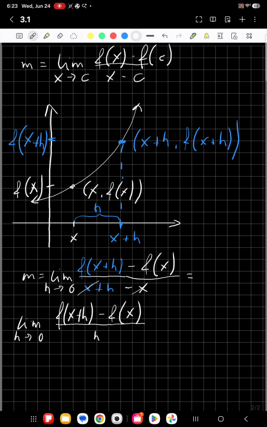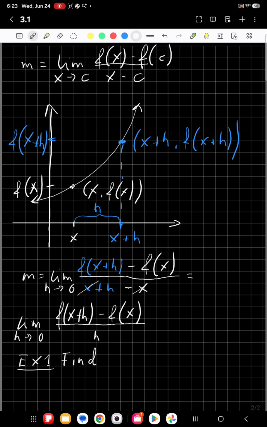Okay. So that basically is the definition of derivative. But I'm going to write it maybe a slightly different way. Let's do an example. Let's just do something maybe a little bit silly. Silly because, well, anyway.